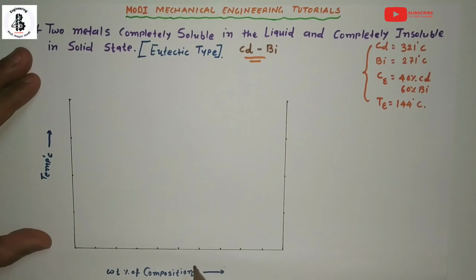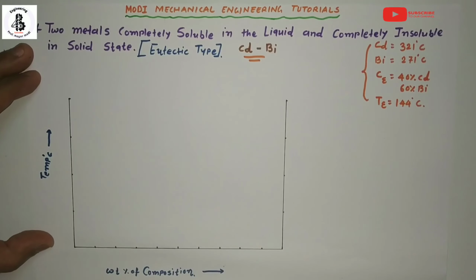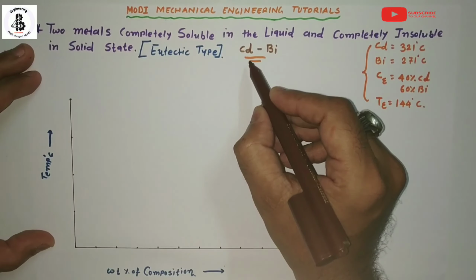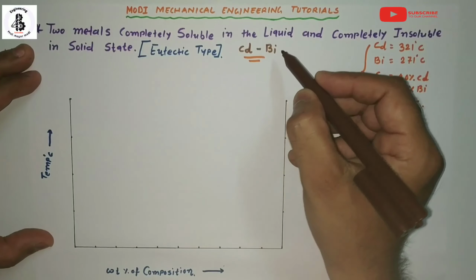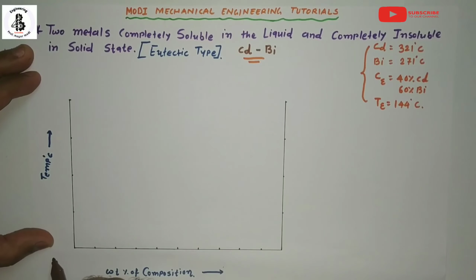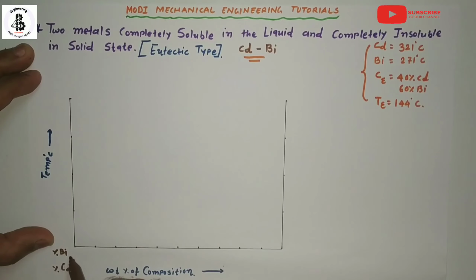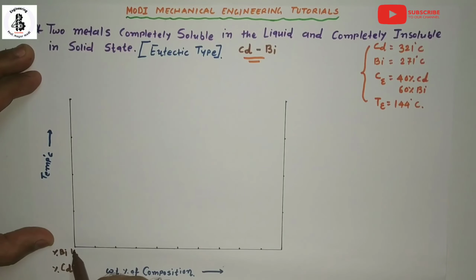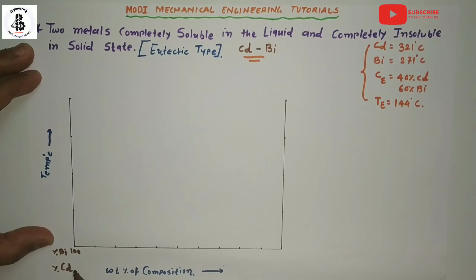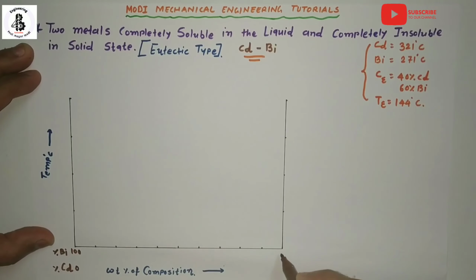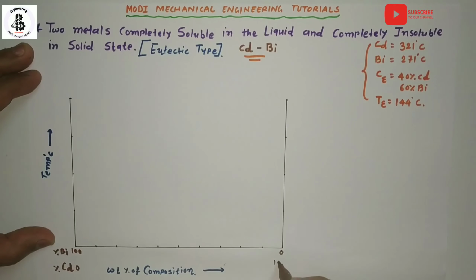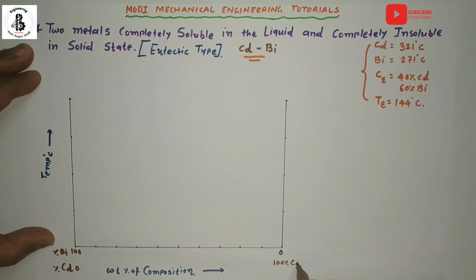Onto the x-axis, I would like to take several points of different weight percentages of cadmium and bismuth. Starting with 100% bismuth with 0% cadmium, and on the other side, 0% bismuth with 100% cadmium.